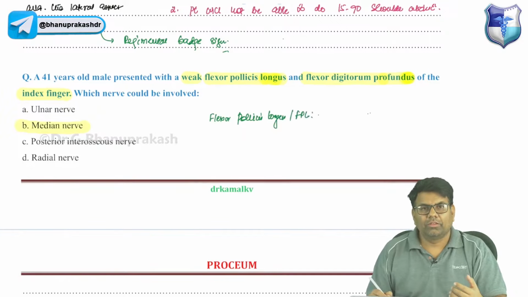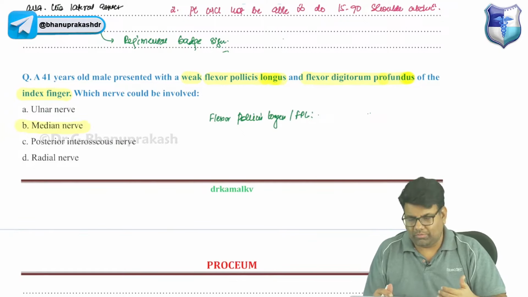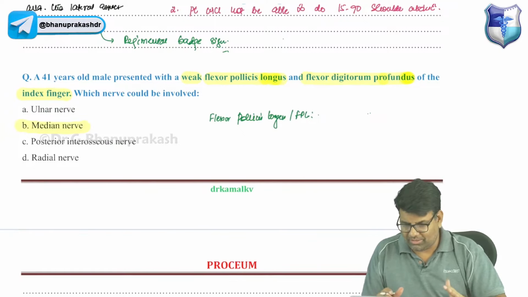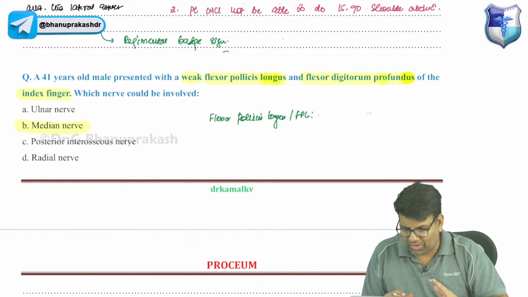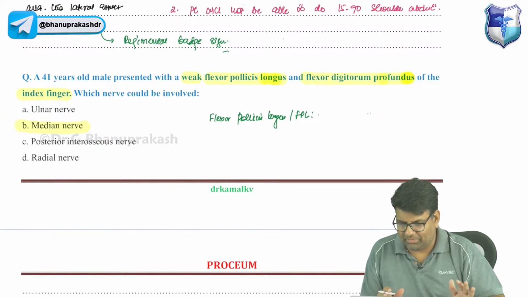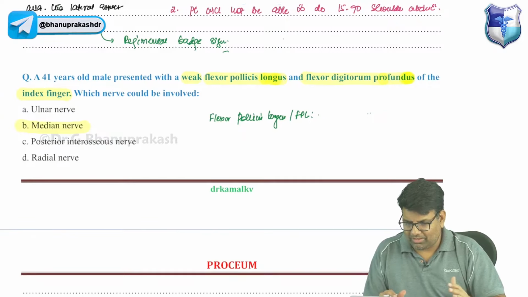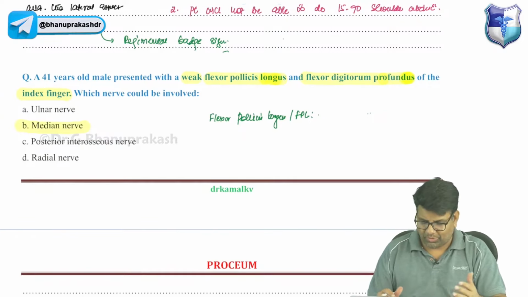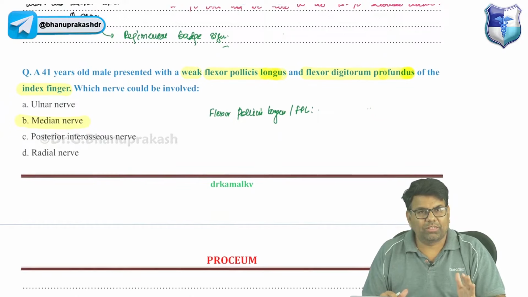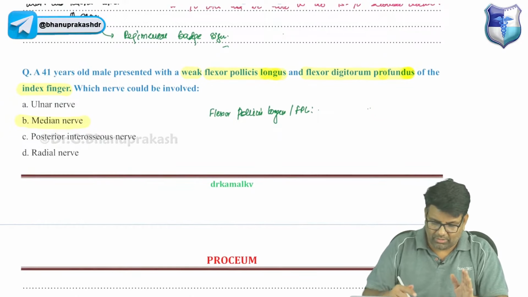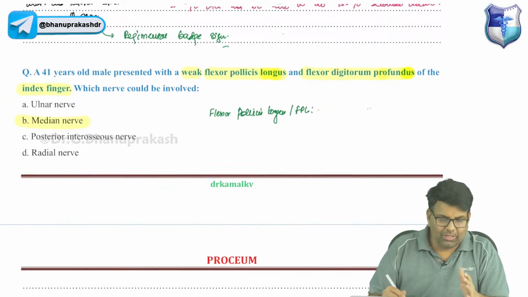FPL. So pollicis means thumb. Any word, the moment you find pollicis, yes, thank you everyone. All of you are correct. Rinkesh, Rubik, Chiki, Aninda. Yeah, Aninda, you are absolutely right. So flexor pollicis longus, that pollicis means related to thumb.